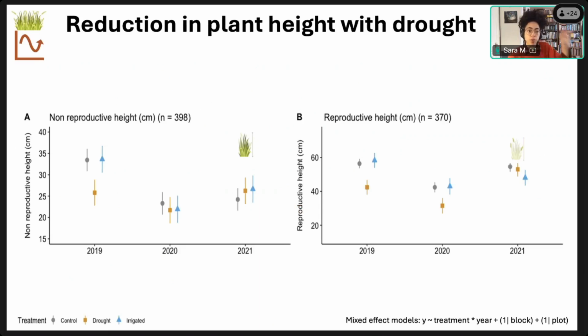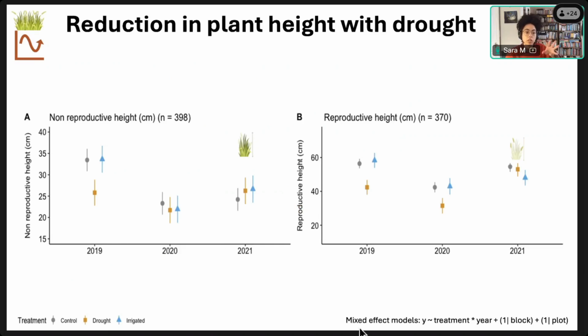If we're focusing on plant height, both non-reproductive and reproductive height, with drought here, that's the yellow-orangey effect, and with the bars there, you can see there's a really great reduction with drought.